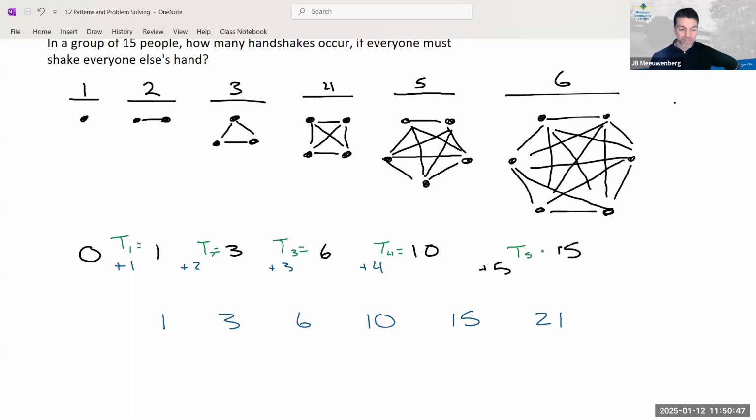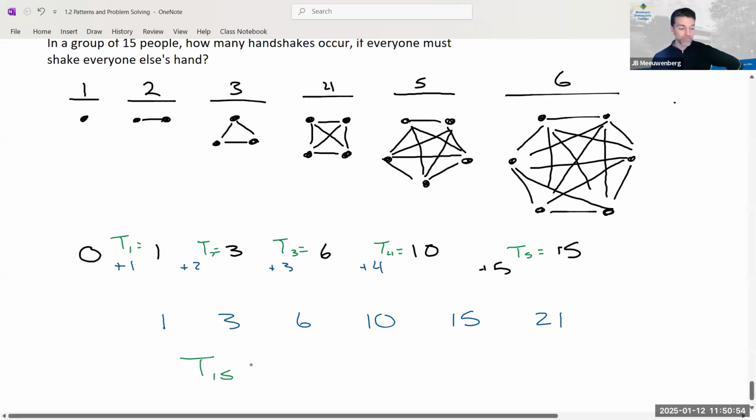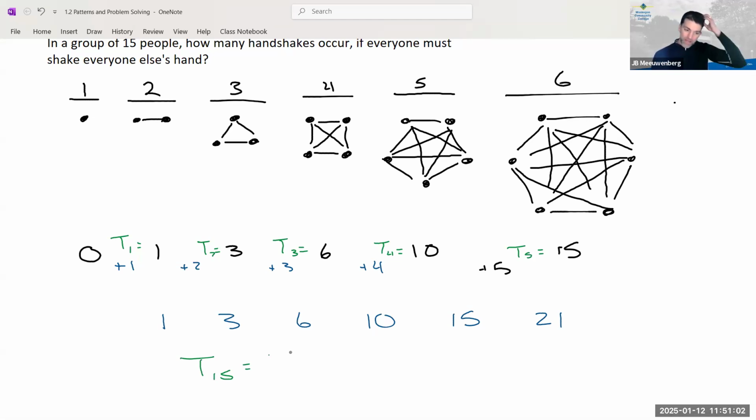Triangular number 5 was 15. And what we want to find, if we go back to the problem, was what about 15 people? What's triangular number 15? Wasn't there a formula for that? It was n times n plus 1 over 2.